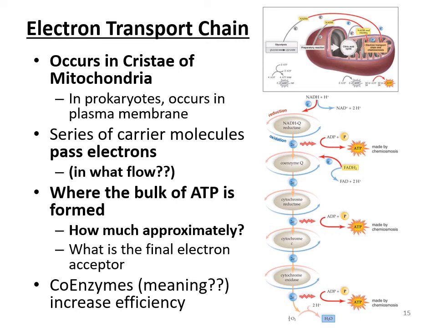Now, at the end, it's oxygen that serves as the final electron acceptor, and we also have coenzymes in this process. What coenzymes mean is that these are inorganic things, metals or minerals, that help enzymes function.